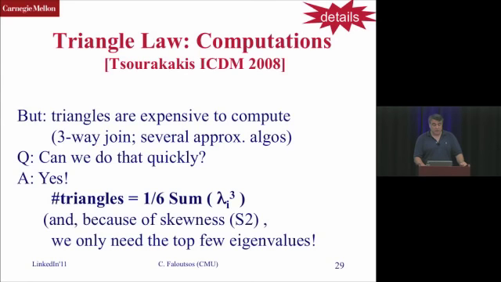It turns out, again, Babis came up with his observation that the number of triangles in a network, this is a theorem, is the sum of the cubes of the eigenvalues. And if we don't remember the definition of eigenvalues, it's what MATLAB spits out when we press the button. But it's well defined, well understood.